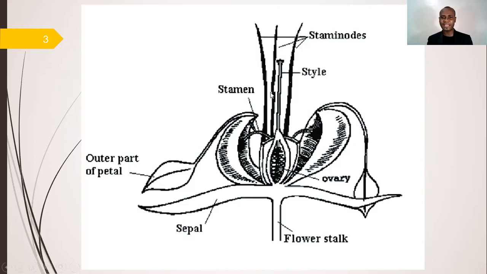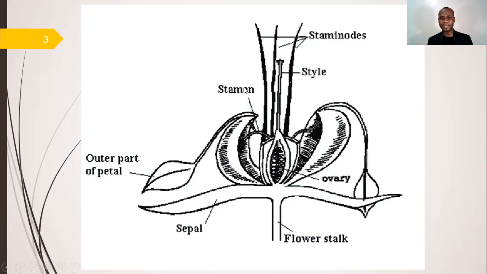Inside here we have the style. The style is the protrusion that comes from the ovary. So the ovary is where the eggs are produced.